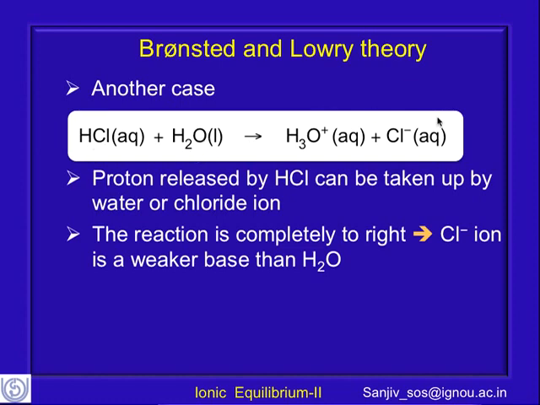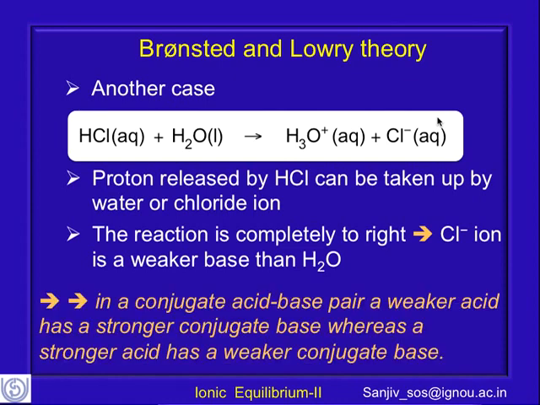So from these two examples, what do we infer? In a conjugate acid-base pair, a weaker acid has a stronger conjugate base, whereas a stronger acid has a weaker conjugate base. Let's see it here. This is a strong acid, its conjugate base is very, very weak. This is a weak acid, its conjugate base is a stronger one.